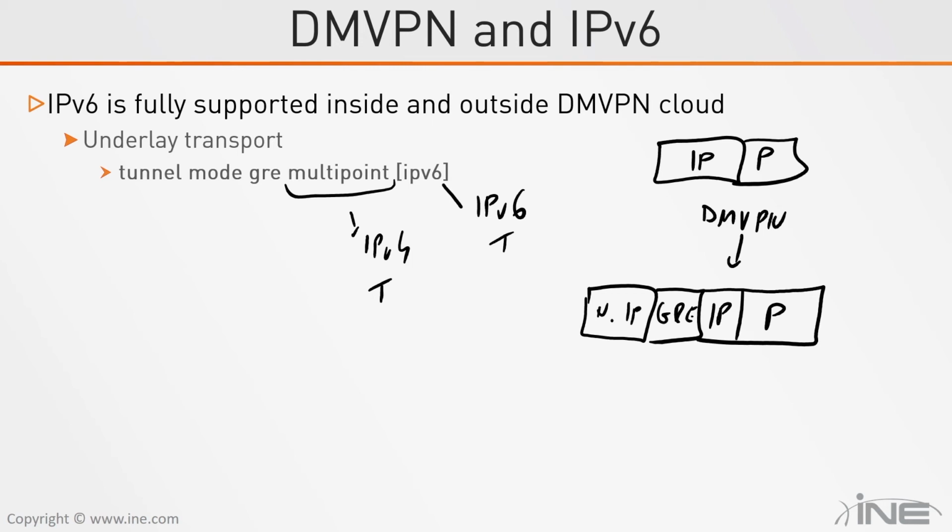Okay, so the new IP header is exactly what is going to be controlled with our tunnel mode command. Now the content of the GRE packet, so the GRE packet payload, which is going to be our original packet, this IP header, is what is going to be controlled with the IP address configured on the tunnel interface.